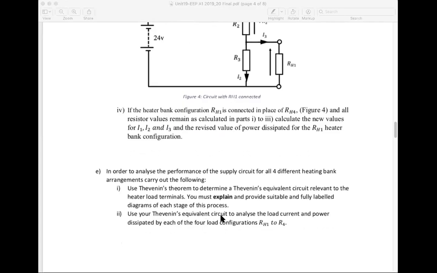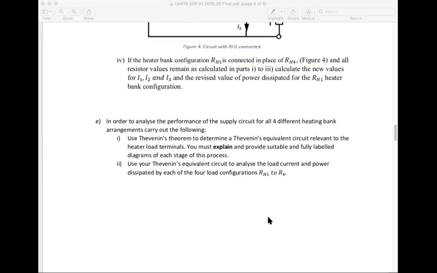So use your Thevenin's equivalent circuit to analyze the load current and power for each of the four load configurations, RH1 to RH4. And you can do that very quickly because it becomes a voltage divider circuit with one voltage, two resistances, and one current. Remember doing that? Any more questions about task one?